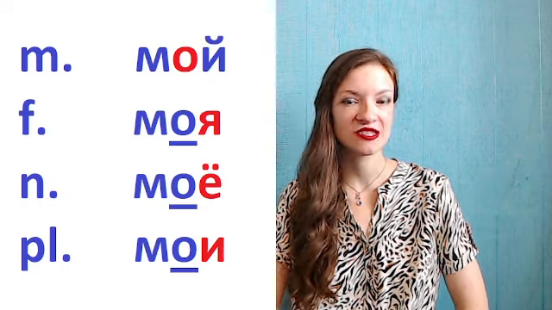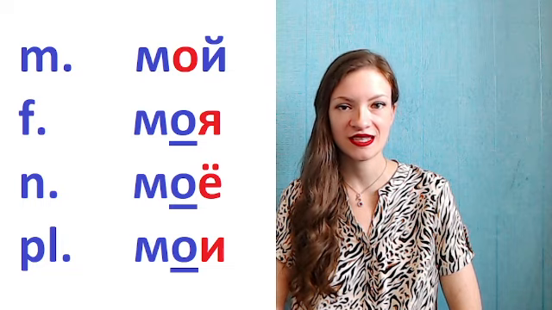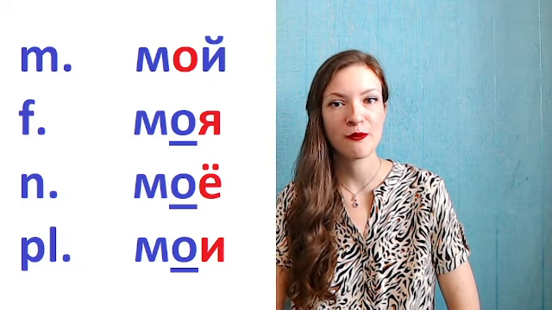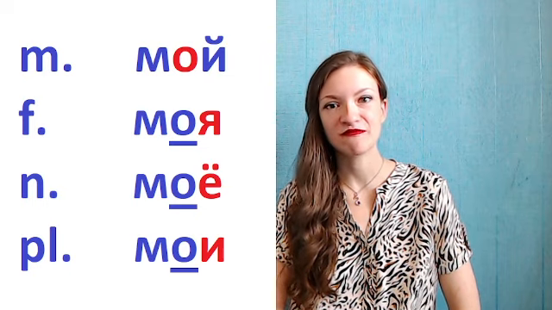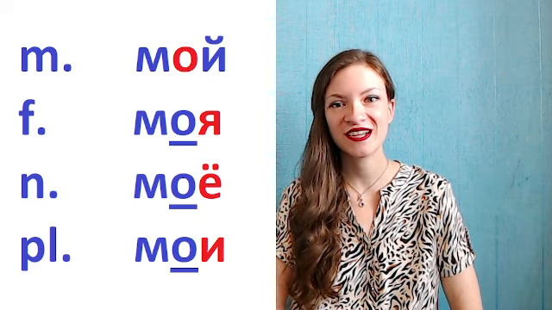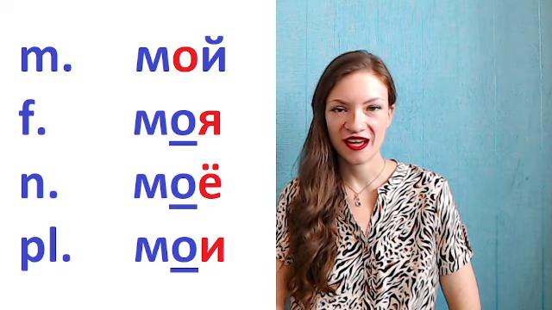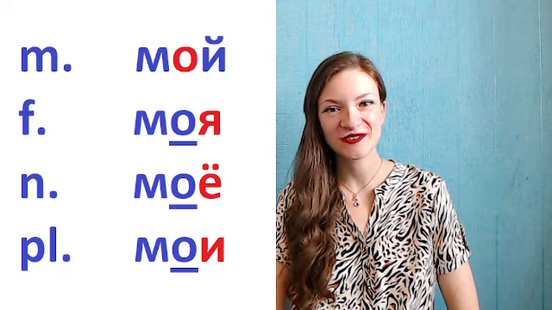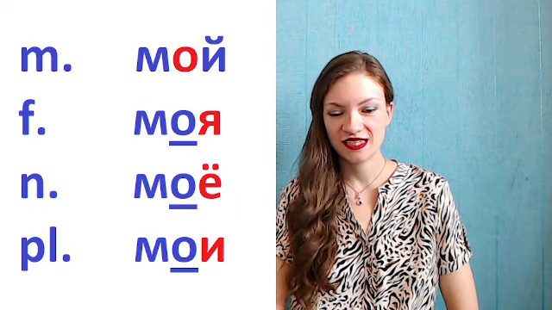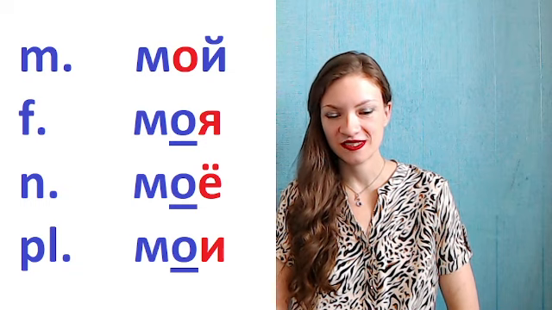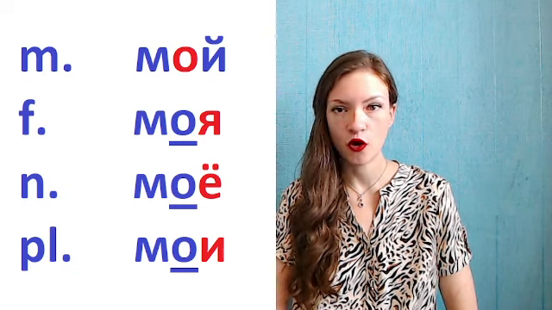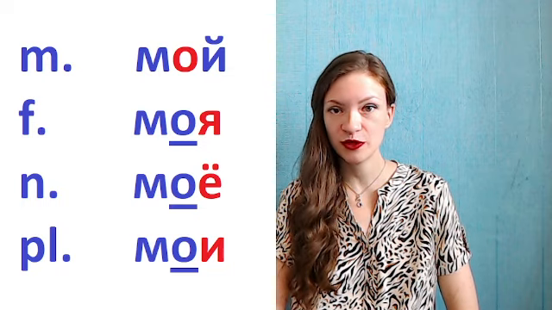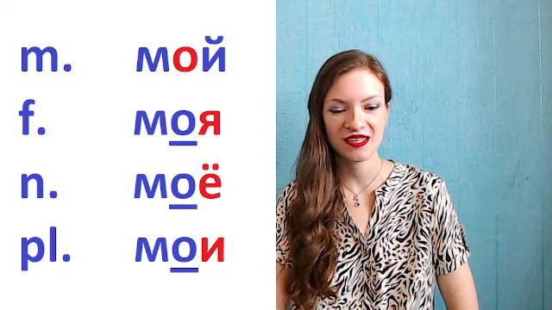So be careful. The same story with the form in neuter gender. We say моё, моё. And in plural form, we say мои, мои. So here you need to be very careful again, because the spelling is almost the same in masculine gender and in plural form. Мой in masculine, but in plural we say мои.